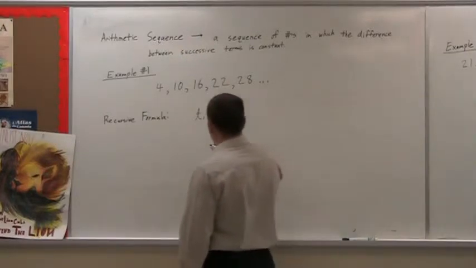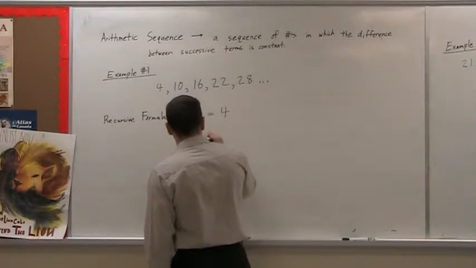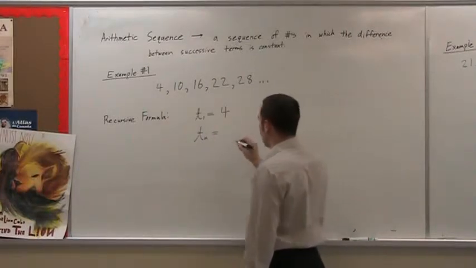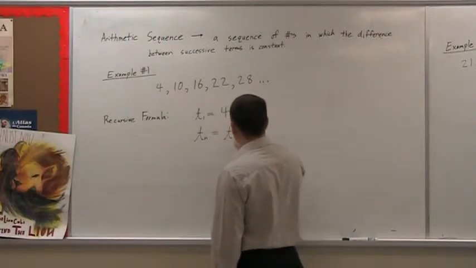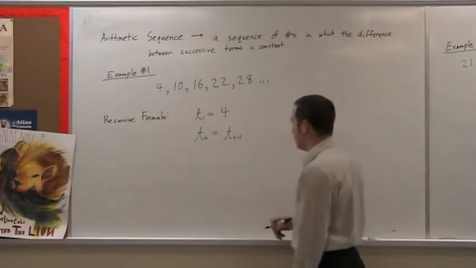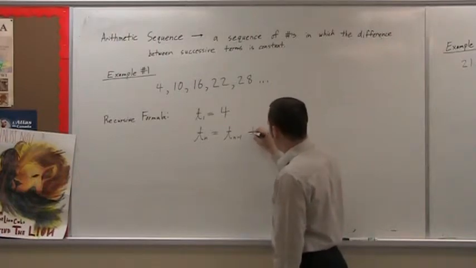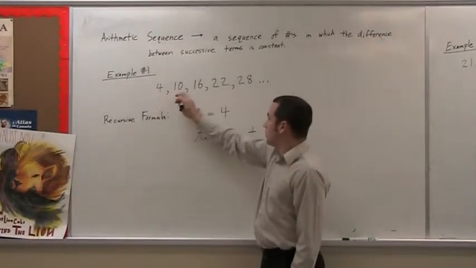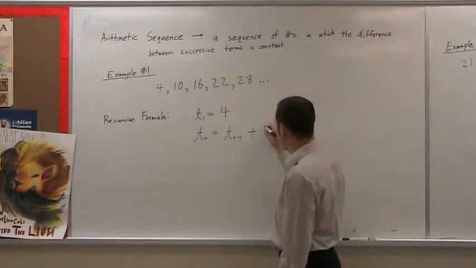Okay, so we have any term, Tn, is equal to the previous term, Tn minus 1, plus whatever our common difference is. Okay? So our common difference between each one is 6.